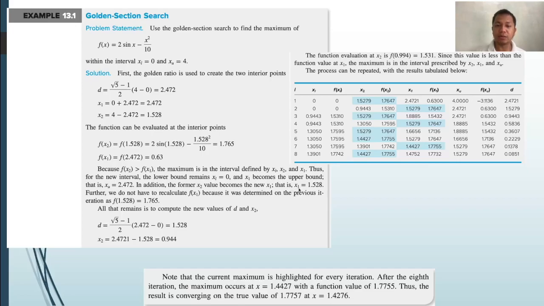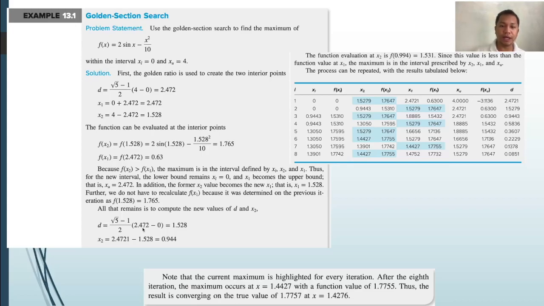That is, x1 becomes 1.528. Further, we do not have to recalculate f of x1 because it was determined on the previous iteration, which is equal to 1.765. So all that remains is to compute the new values of d and x2.